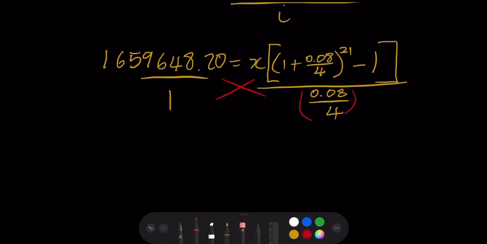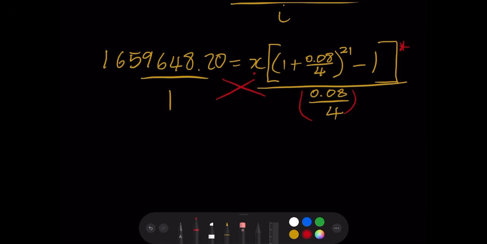But then, in order to obtain our X value, we are going to divide by this whole term. So I'm going to take that value in my calculator and divide by 1 plus the interest rate, which is 0.08 over 4, to the power 21, minus 1.